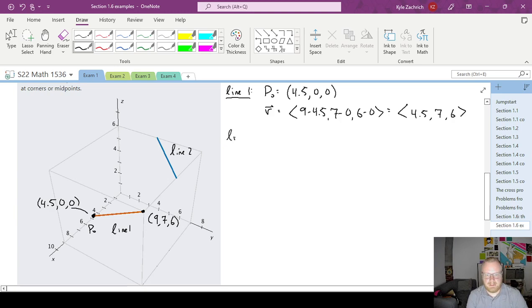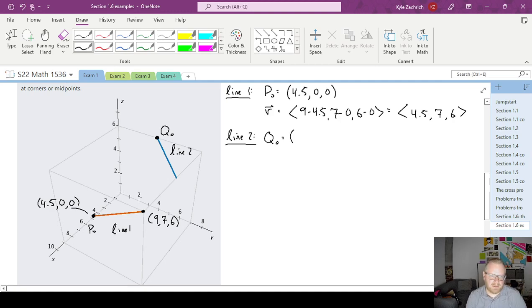For line 2, again, I'm not thinking about these parametric equations yet for these two lines. I just want to get my direction vectors mostly. So let's call this one here Q naught, just to give it a different name. So Q naught, let's see. In the x direction, looks like it's traveling 0.